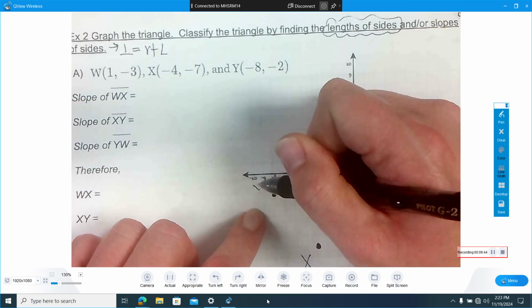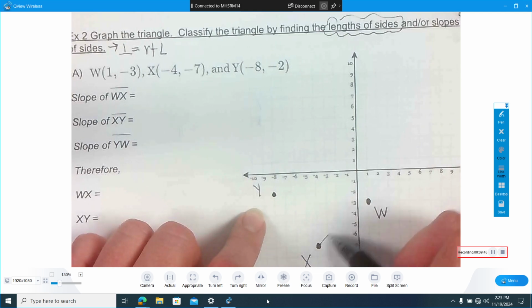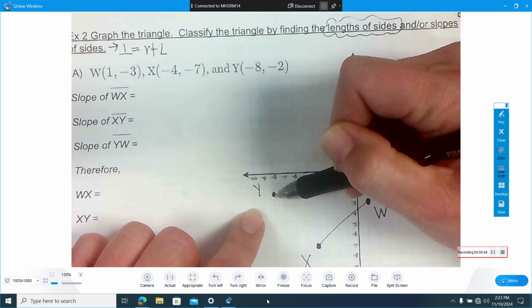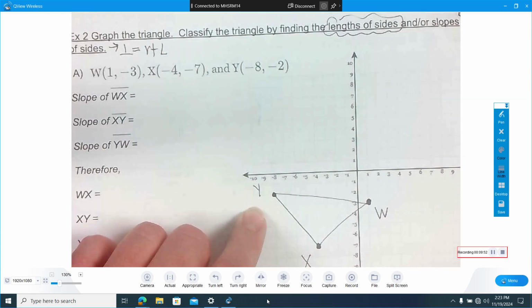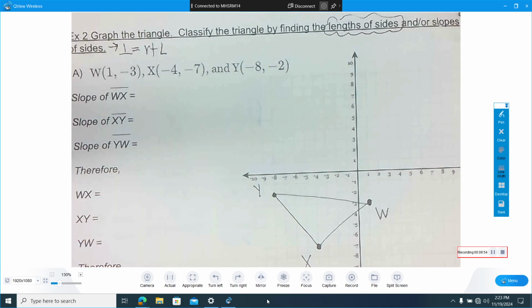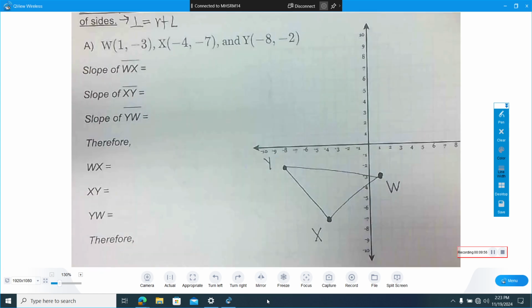I'm going to label that a Y. And I'm going to connect those with as straight lines as I can draw. There we go. So I have a nice little triangle.